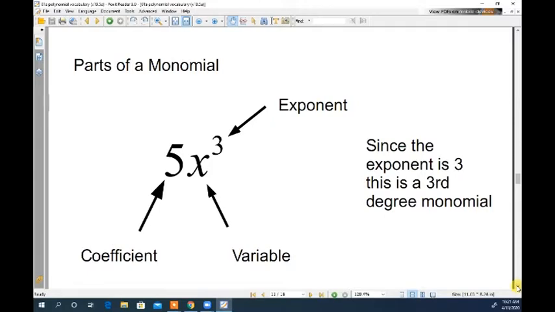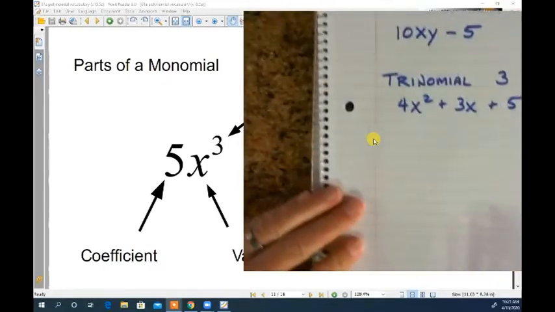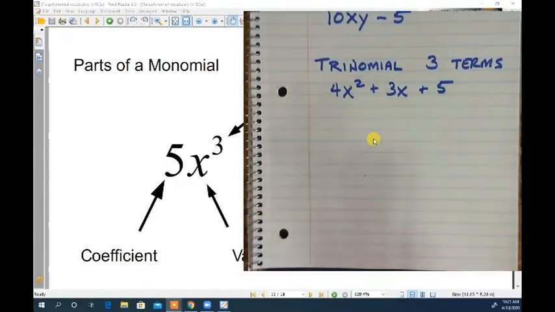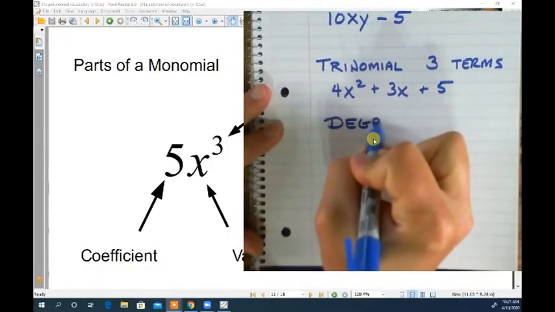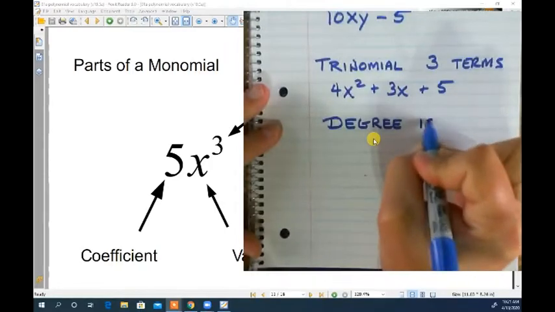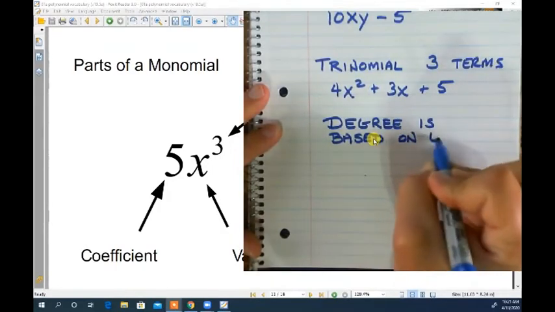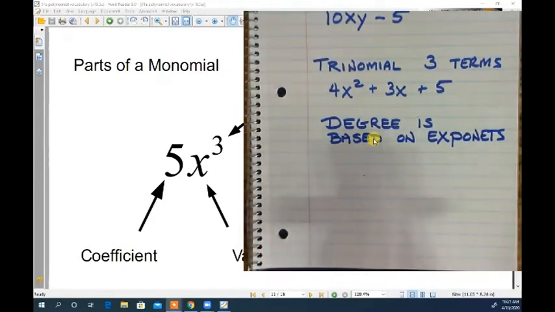Coefficient, variable, exponent. All right, so now we're going to talk about what's called the degree of a monomial and the degree of a polynomial. So degree is based on the exponents.